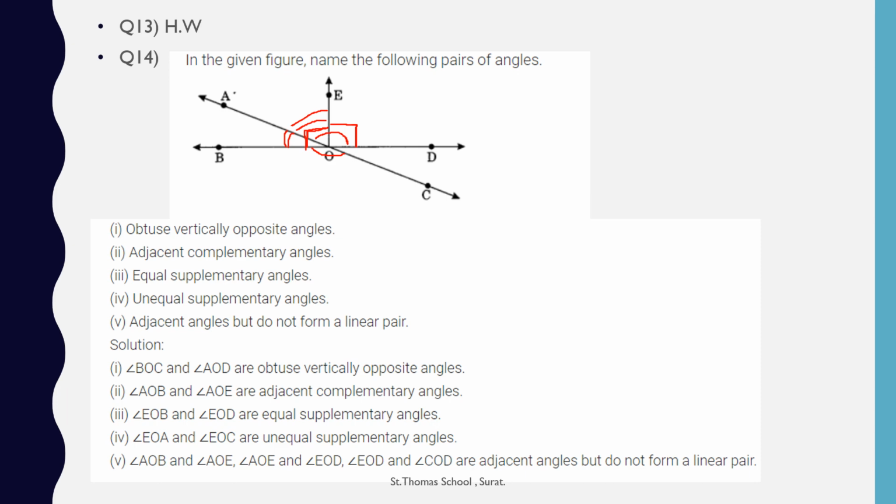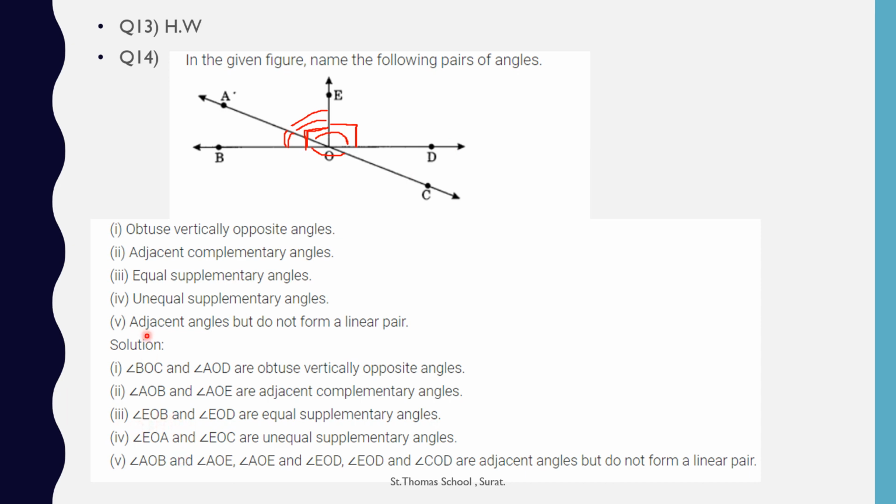So 90 plus 90 is 180 degrees. It's clear, children? So angle EOB and angle EOD, the sum of both angles is 180 degrees and both are 90. Okay. So angle EOB and angle EOD are equal supplementary angles.